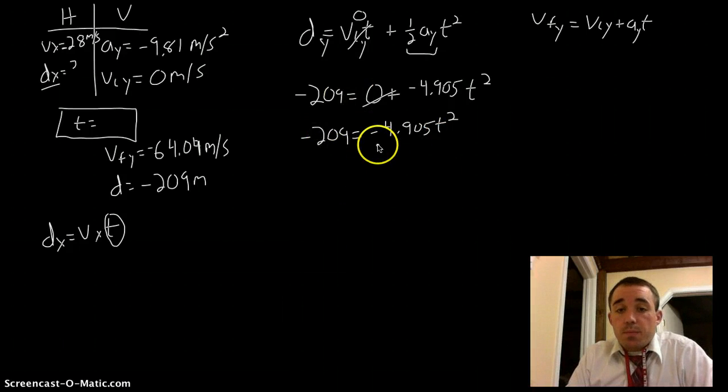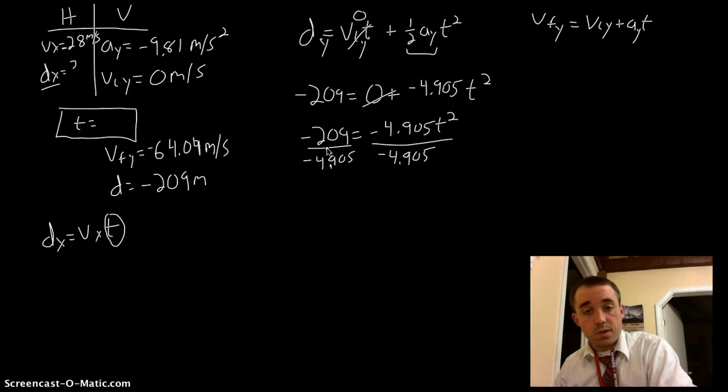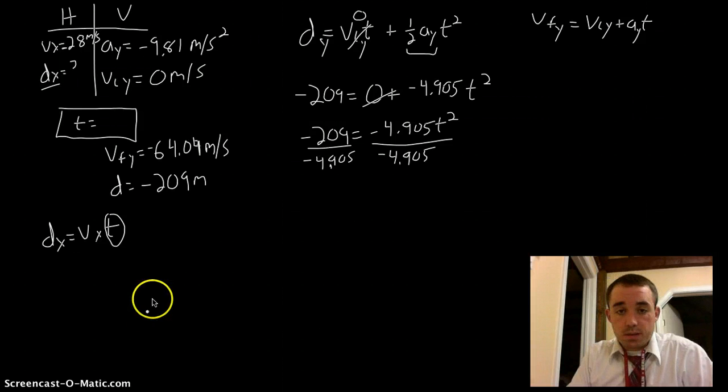So 4.905 is multiplied by the T squared, so in order to get rid of it, I have to divide by 4.905 on both sides. That's what gets rid of my negative. So then negative 209 over negative 4.905 is 42.61.